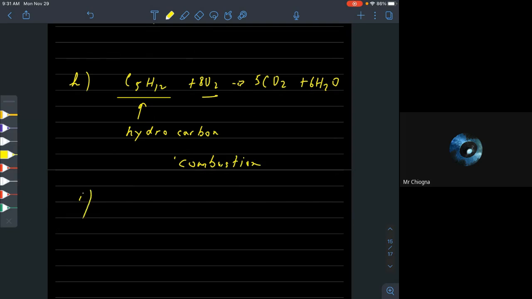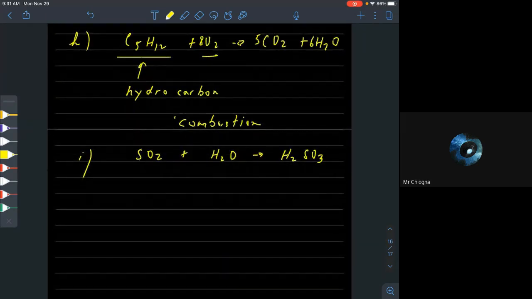I, sulfur dioxide plus water comes together to produce hydrogen sulfite. Okay, if it's an acid, we'd name it sulfurous acid.